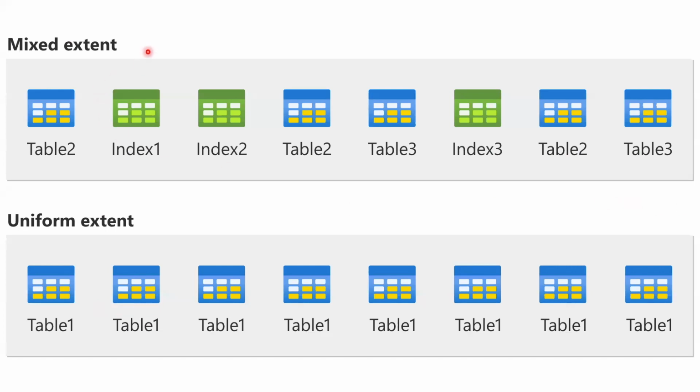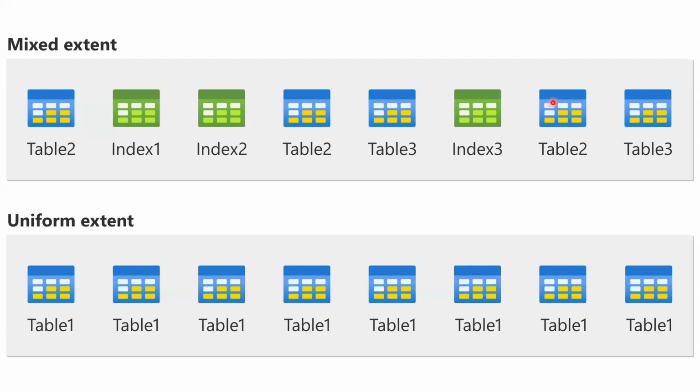Generally, there are two types of extent: mixed extent and uniform extent. First, mixed extent. This type of extent contains pages from different objects. In a mixed extent, the 8 pages could belong to different tables or indexes.